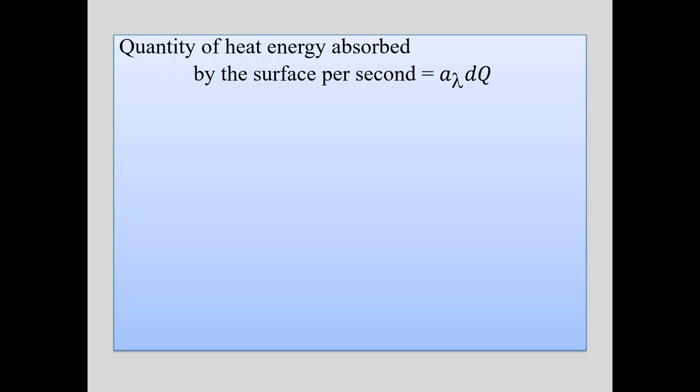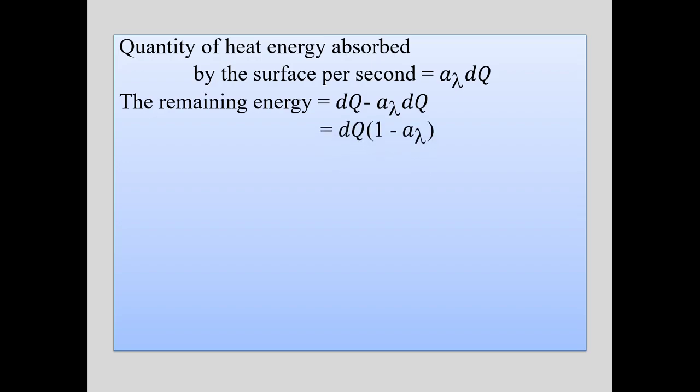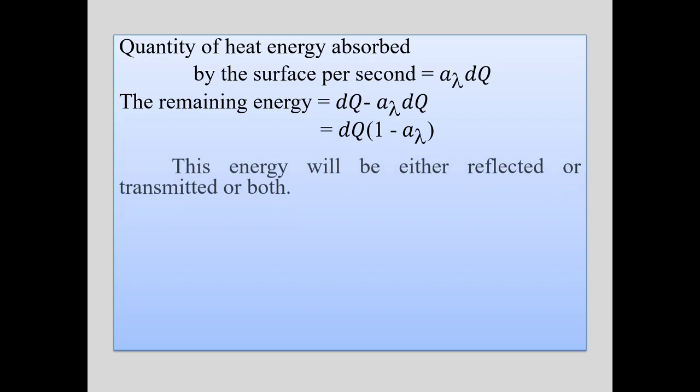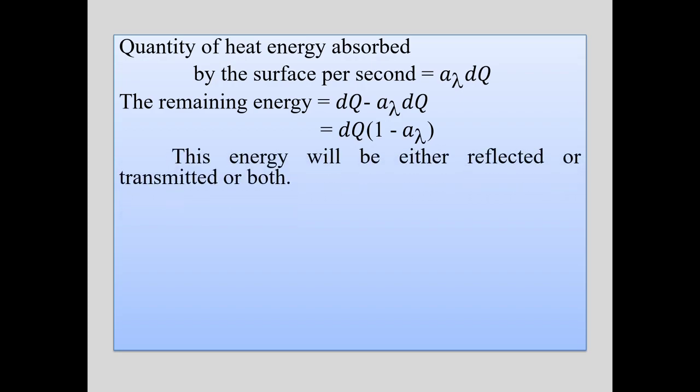Here dq is the total amount of energy falling on the body per unit area per second, and A lambda is the absorptive power. So the total heat energy absorbed by the surface per second is equal to A lambda dq. The remaining energy can be computed as dq minus A lambda dq. Taking dq outside, we have dq into 1 minus A lambda.